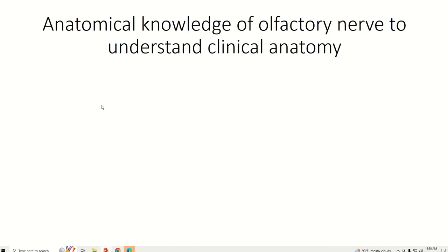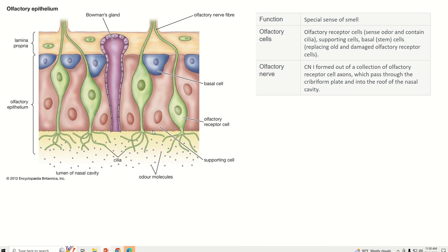Anatomical knowledge of the olfactory nerve is needed to understand clinical anatomy. This is the olfactory mucosa. It is situated at the roof of the nose. And this is the mature bipolar olfactory cell.